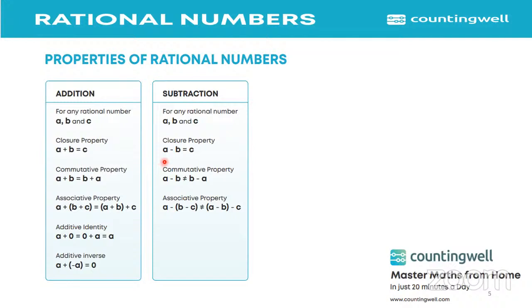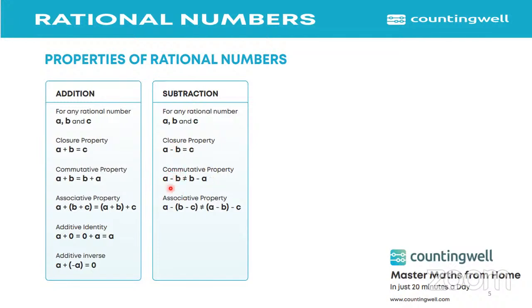So if you take any two rational numbers and take its subtraction, you will get again a rational number. But the commutative property doesn't hold true for subtraction of rational numbers. So 1 by 4 minus 1 by 2 is not same as 1 by 2 minus 1 by 4.